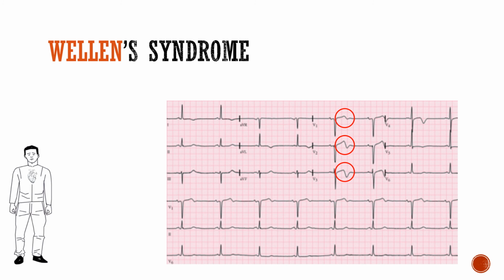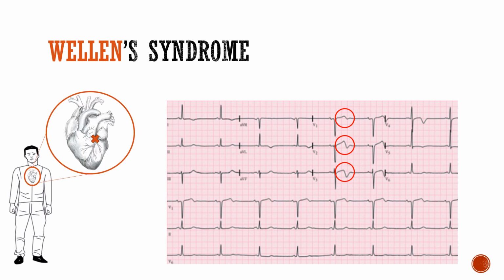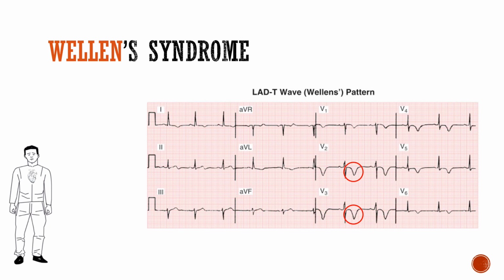We have the classic biphasic T wave pattern in V1, V2, and V3. And here we see the deep inverted T wave pattern in V2 and V3.